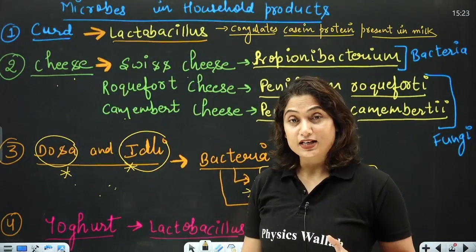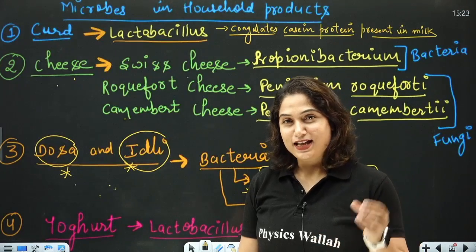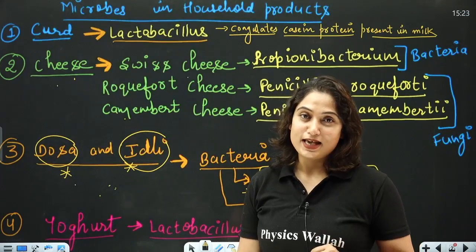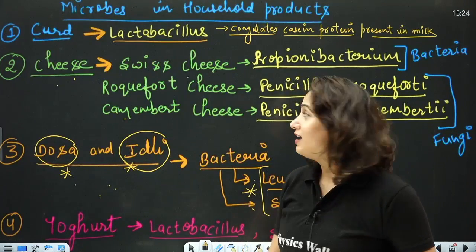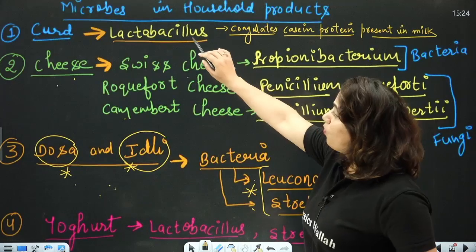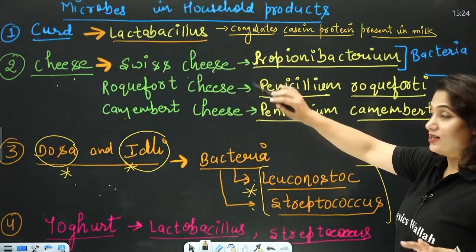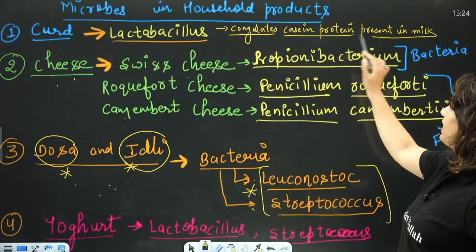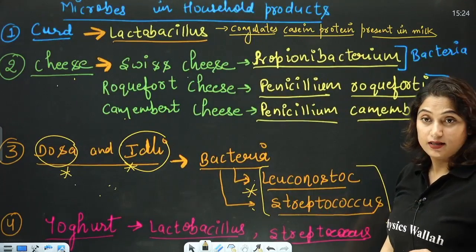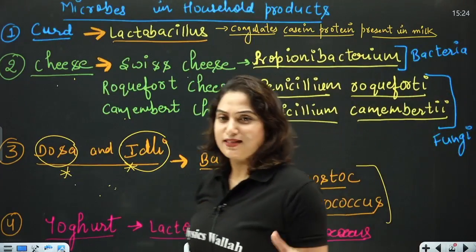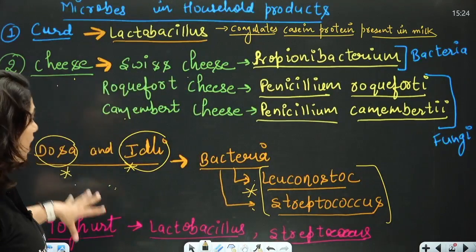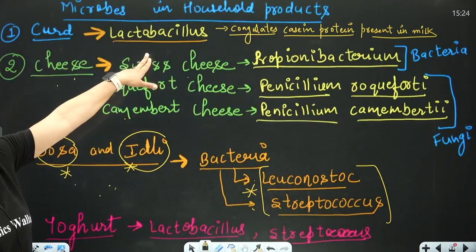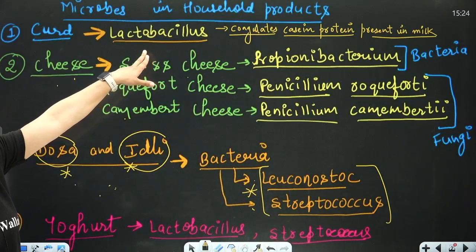So it forms lactic acid, and that lactic acid precipitates the casein protein present in the milk, and this is how it makes the curd. Okay, so what Lactobacillus does, it coagulates the casein protein present in the milk, and this is how milk is converted into curd. Okay, so you have to remember curd is formed by the bacteria Lactobacillus.